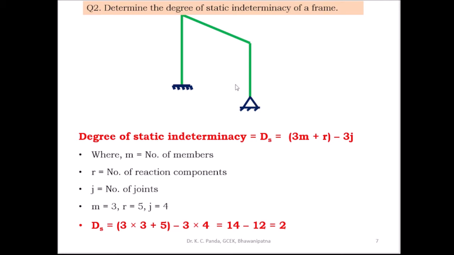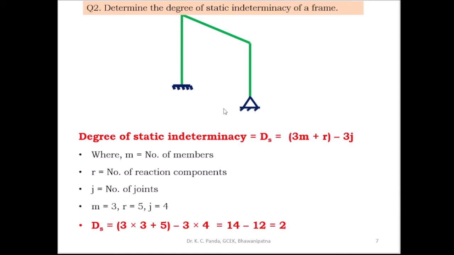So here, internally this is determinate as this is an open configuration. So dsi is equal to 0, and dsc can be determined by using the equation dsc is equal to r minus 3, where r is the total number of reaction components.